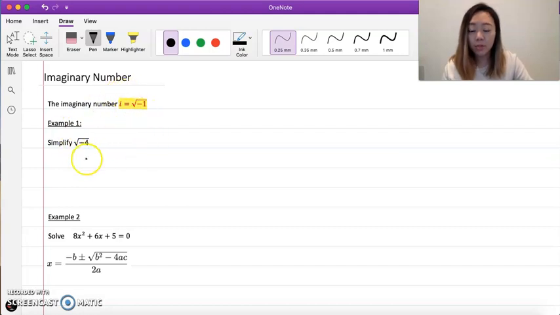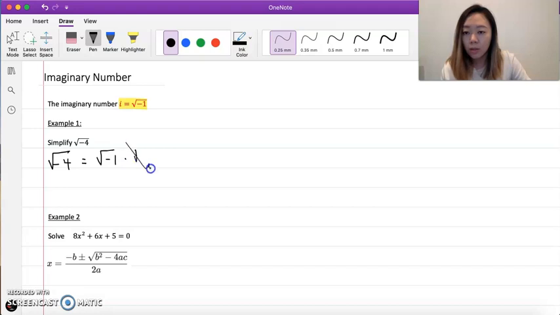But using the imaginary number, what we can do is break this apart. So the square root of -4 can be broken apart as the square root of -1 times the square root of +4, because -1 times +4 is -4, right?